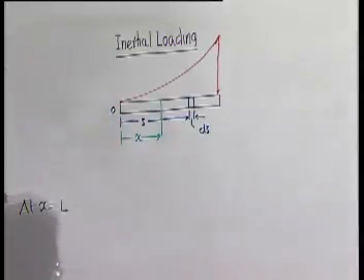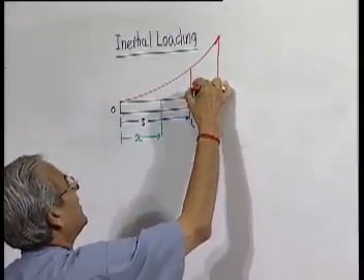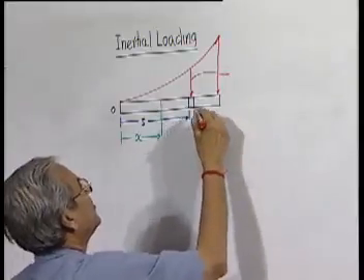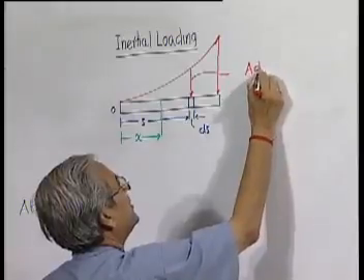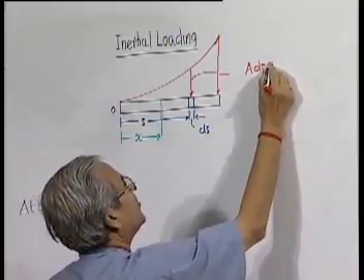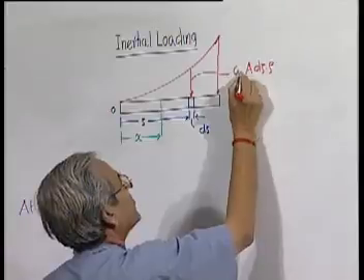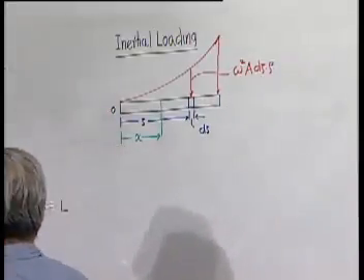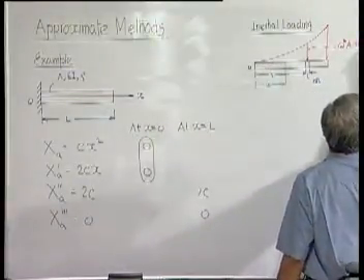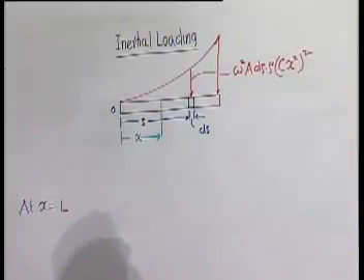So, what is the inertia force of this element? That is equal to the mass of the element, that is A into d zeta into rho, then omega square into x a square. Now, x a is this part, so it will be c x square, whole square.